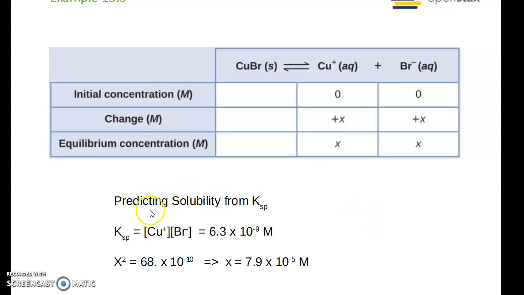Now, the key thing to remember is that the brackets mean you're talking about the concentration of the copper ion, and the concentration of the bromide ion. So the concentration of this times the concentration of this equals this particular number, which is the solubility product equilibrium constant.